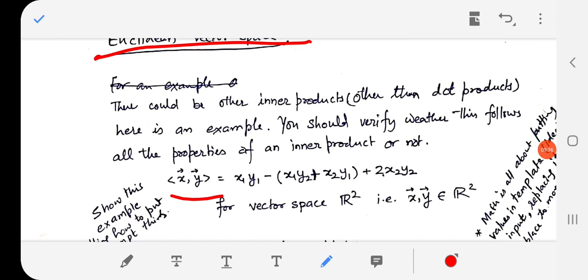Check it out: if instead of xy you find yx, you will find that this is exactly the same. So there's no problem, and it is symmetric. Similarly, you will find that it is bilinear as well.